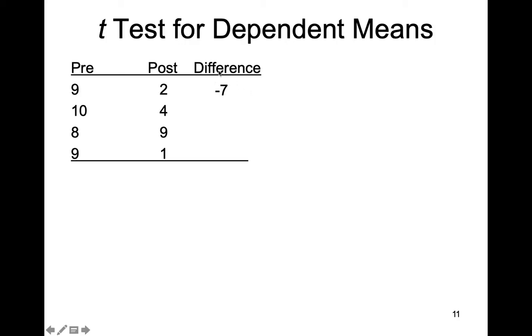So we've got 2 minus 9 to get a difference score, otherwise known as a change score, of -7. We're going to take 4 minus 10 and get a difference score of -6, 9 minus 8 and get a difference score of 1, and then 1 minus 9 and get a difference score of 8.